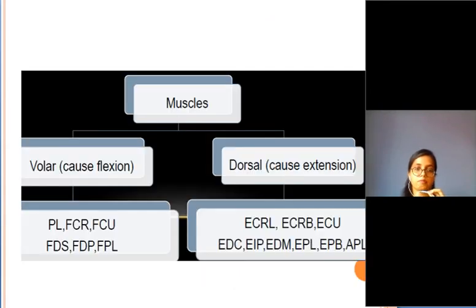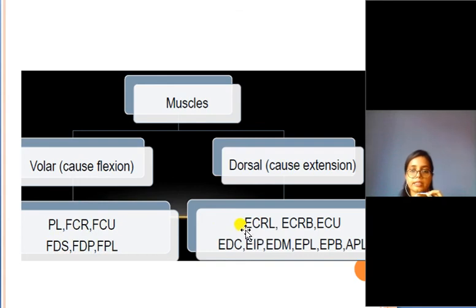Now talking about muscles, the muscles are divided into flexors located volarly and extensors located dorsally. They are palmaris longus, flexor carpi radialis, flexor carpi ulnaris, flexor digitorum superficialis, flexor digitorum profundus, flexor pollicis longus.